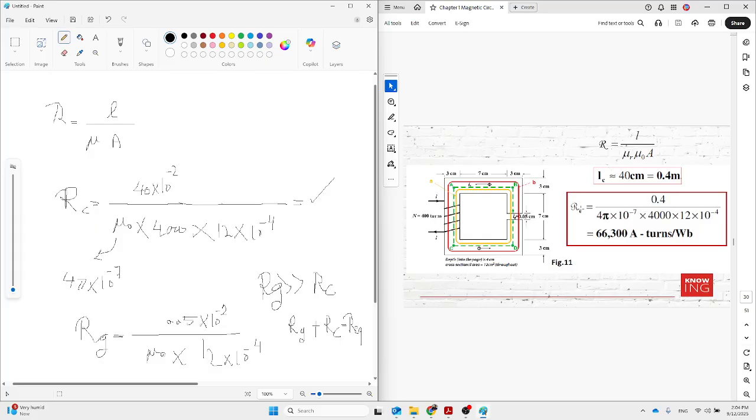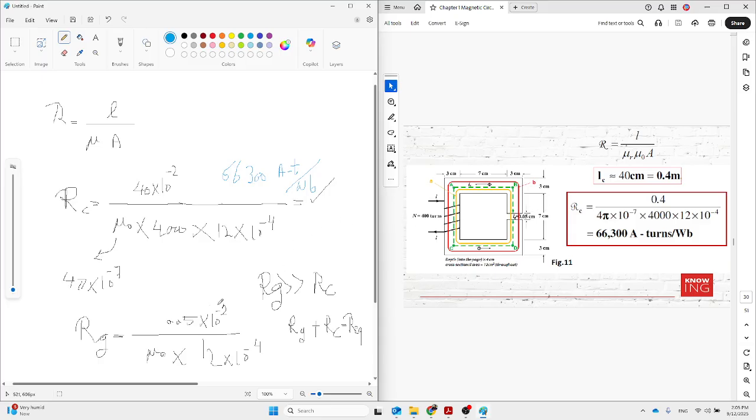So this one is for the core. Rc is 66,300. The unit is ampere turn per Weber.